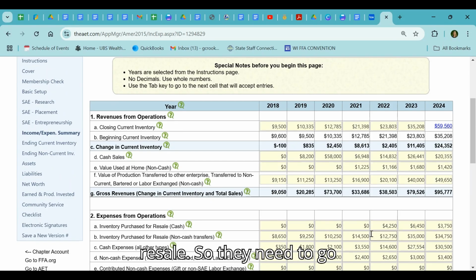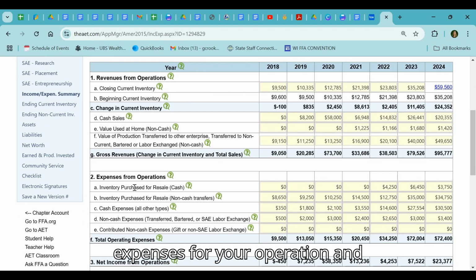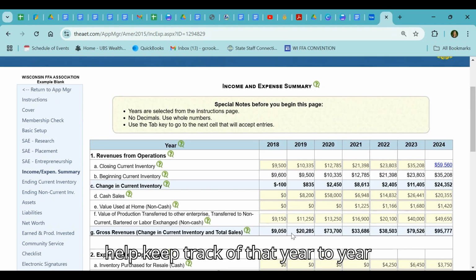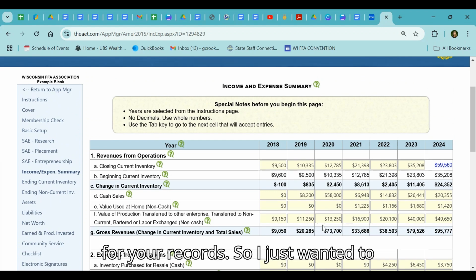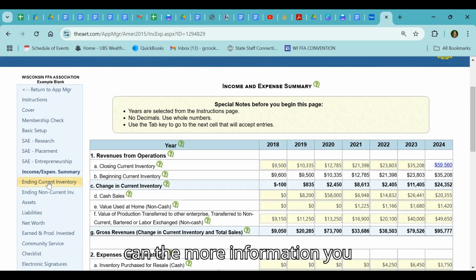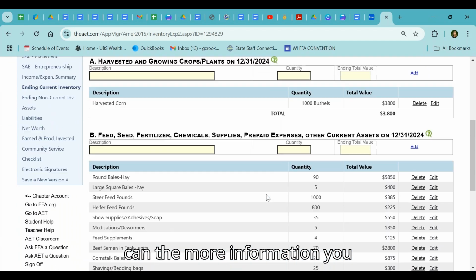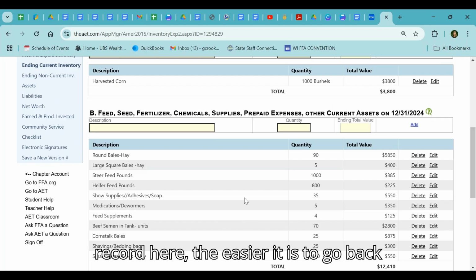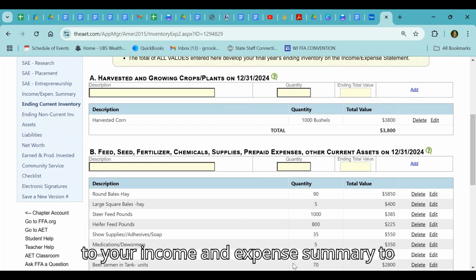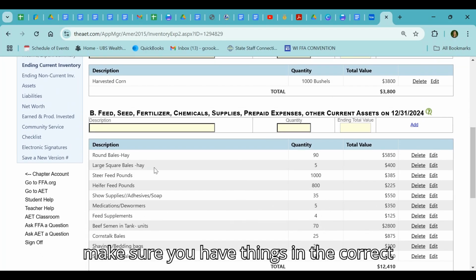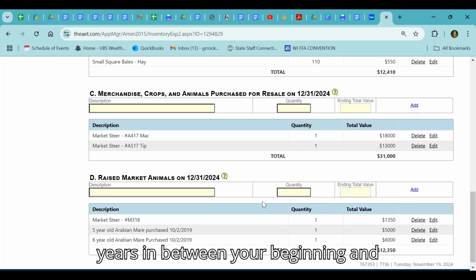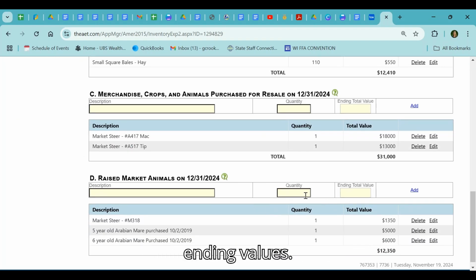So they need to go down here in your expenses for your operation, and then you can help keep track of that year to year for your records. So I just wanted to make note of that, because the more information you record here, the easier it is to go back to your income and expense summary to make sure you have things in the correct years in between your beginning and ending values.